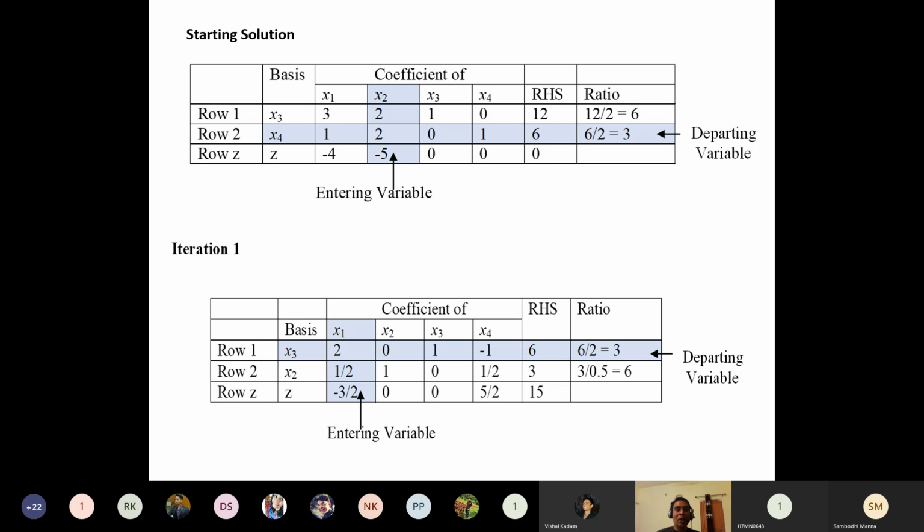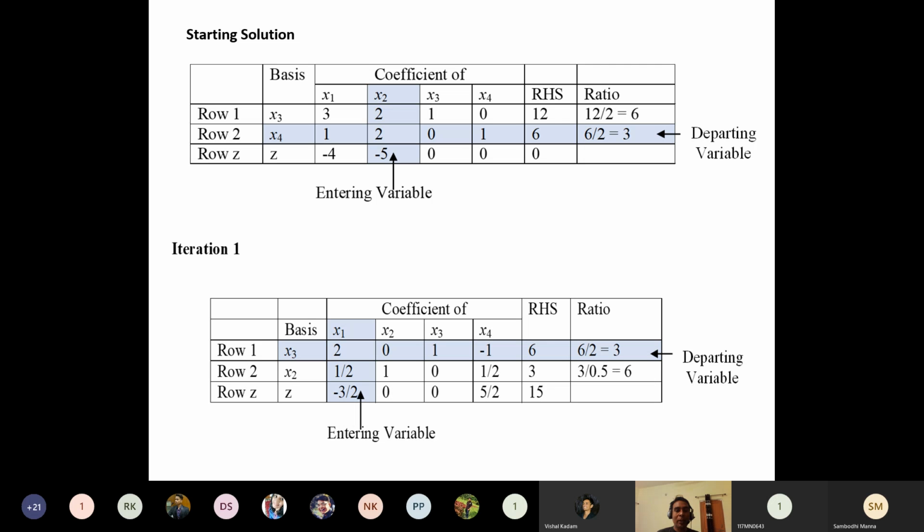Accordingly, after the first iteration we can derive the revised simplex table, and x4 is replaced by x2. x2 is the entering variable and x4 is the leaving variable. The new pivot row is equal to the old pivot row divided by the pivot coefficient. So this is 1 by 2, this is 1, this is 0, this is 1 by 2, this is 3.